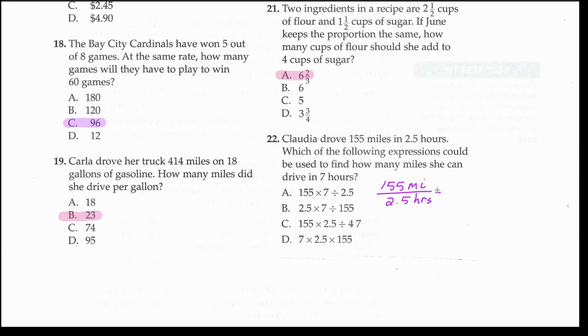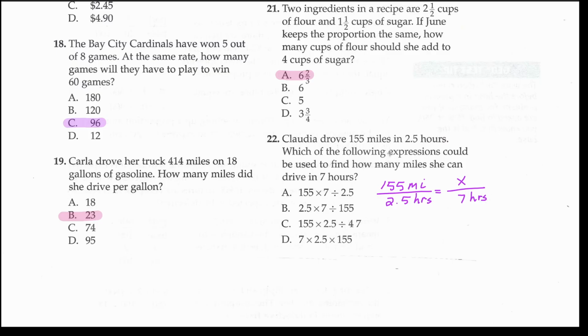That's your first ratio, equals the second ratio. Now read on. Which of the following expressions could be used to find how many miles? So how many miles goes on the top. Can she drive in 7 hours? So 7 hours is on the bottom.